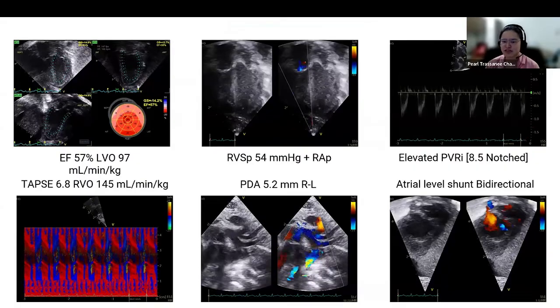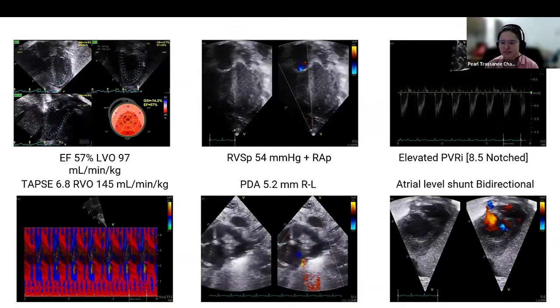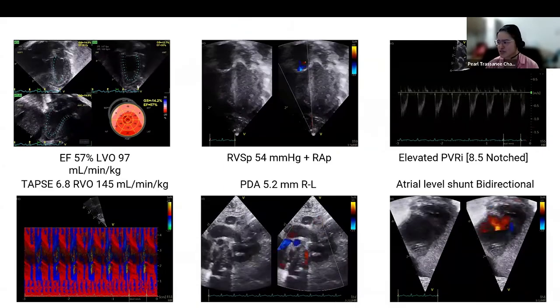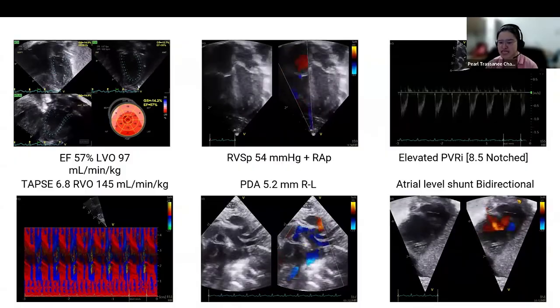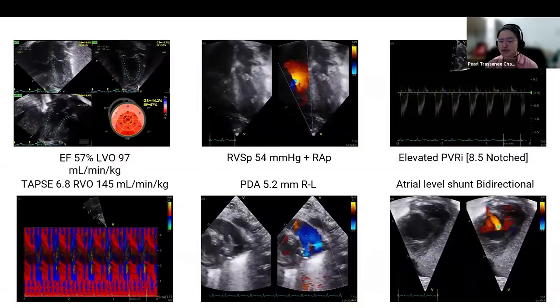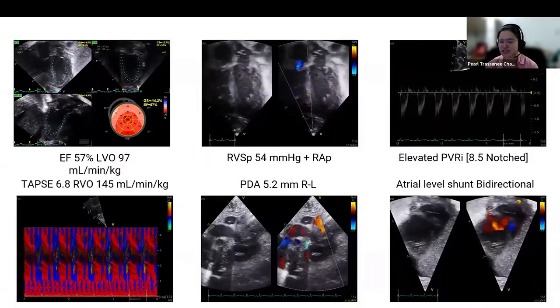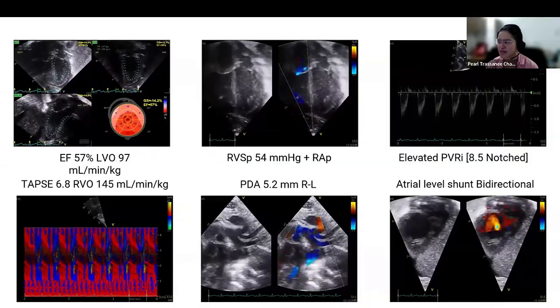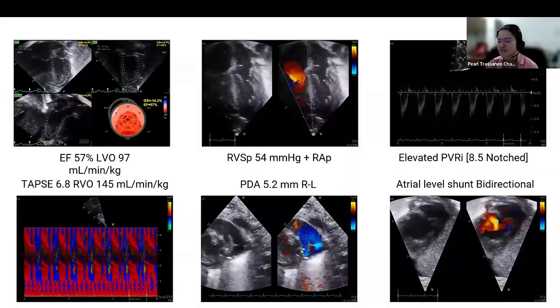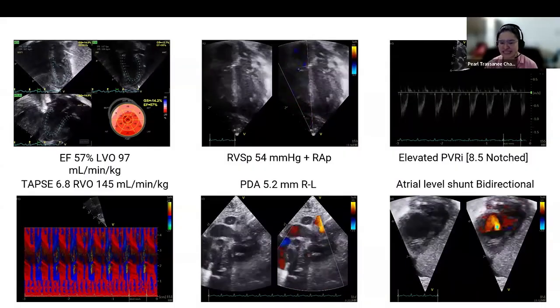The assessment again showed suprasystemic pulmonary hypertension in the presence of a large, exclusively right to left PDA, but with normalization of biventricular systolic function, bidirectional atrial level shunt, and markers of elevated pulmonary vascular resistance.